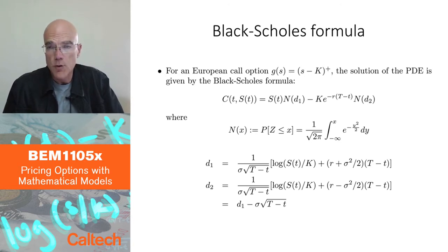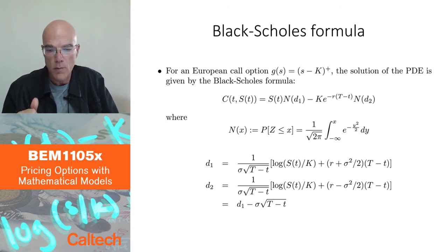I'm not going to teach you how to solve a partial differential equation. I'm just going to give you the solution they found, and if you read books on partial differential equations, maybe you could solve it on your own without me giving you the solution.